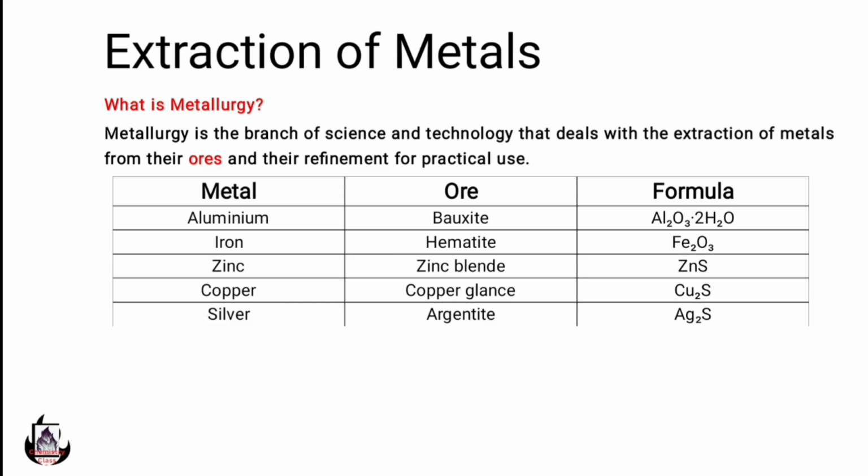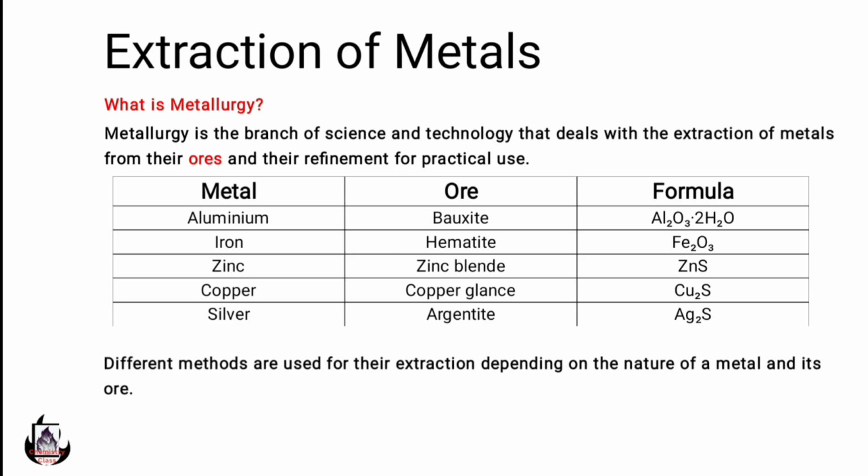It comes from zinc blende. The formula is ZnS. Copper. It comes from copper glance and the formula is Cu2S. Silver we get from argentite and the formula is Ag2S. Different methods are used for their extraction depending on the nature of the metal and its ore.